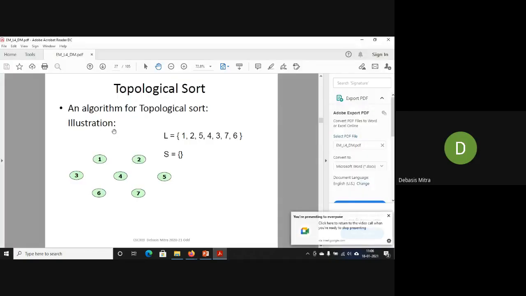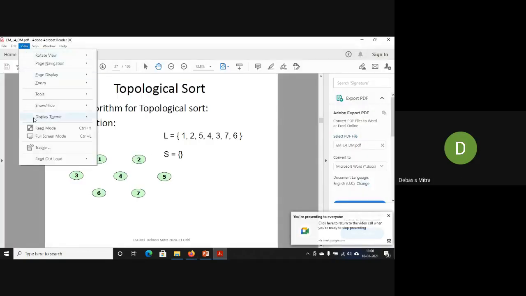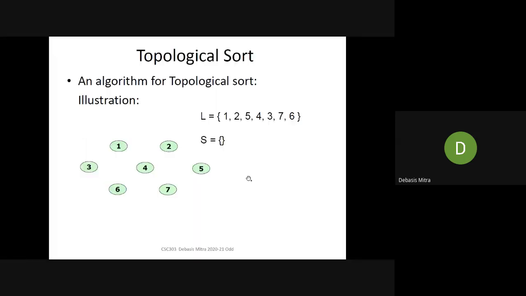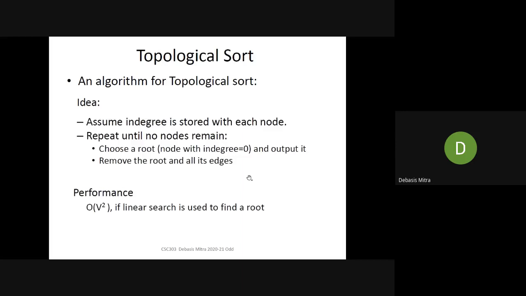Okay. Although this strategy is very simple, it may not be very efficient. Because you can easily see that the performance will be roughly order of V square, where V is the number of nodes.